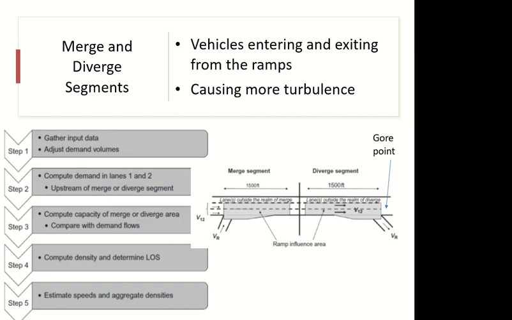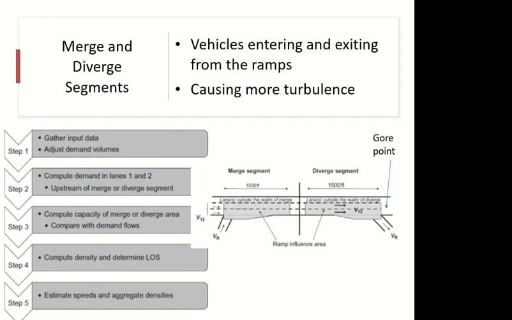Now I'll move on to the calculations of other parts of the freeway. The calculations which we have done up till now apply to freeways and to multi-lane highways, but only to specific sections of them.